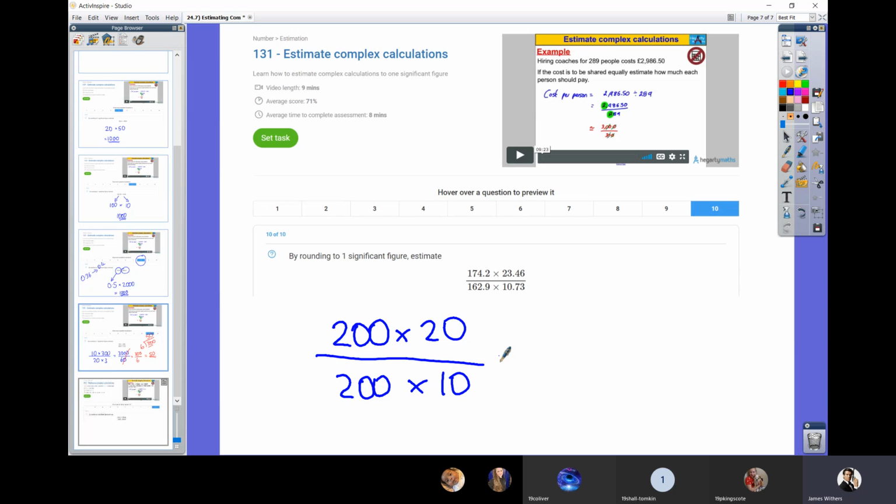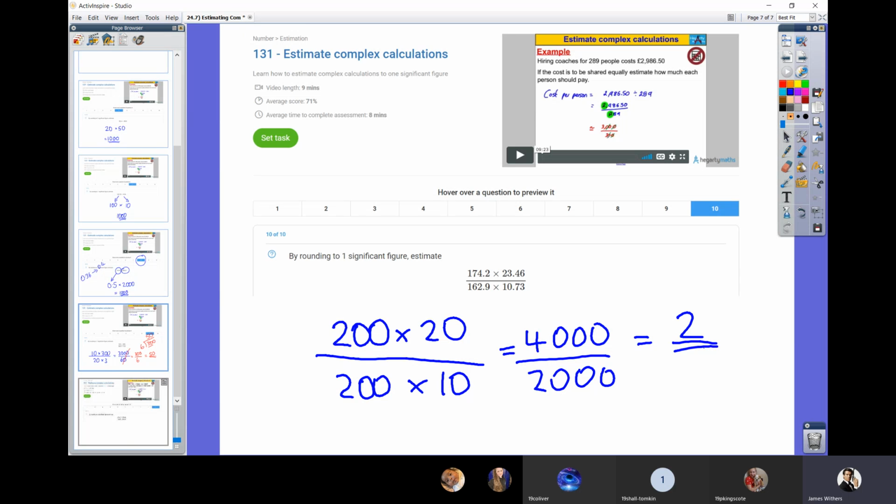But if you didn't spot that, no problem. 2 times 2 is 4, and then add the 3 noughts. And 200 times 10 is 2,000. 4,000 divided by 2,000 is 2. So hopefully, first form, you'll find this quite quick. That's the whole point of estimating, giving you a really quick ballpark figure.